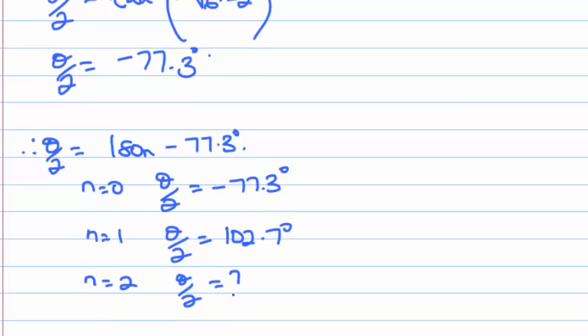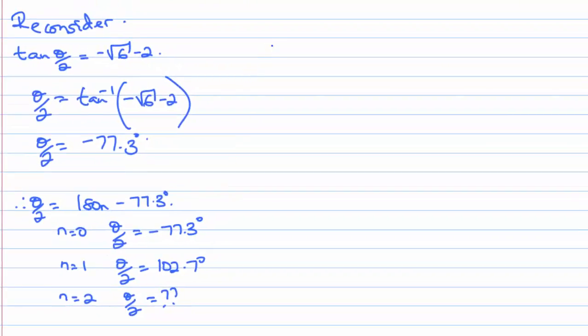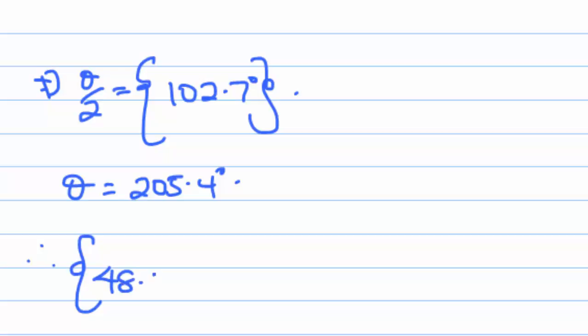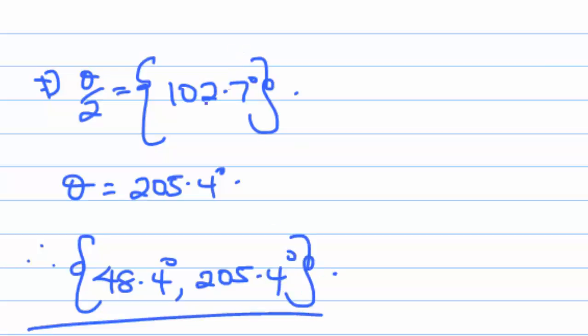And when n is equal to 2, it gives me a value outside my range, and therefore I'll obtain only one angle, because even the first is outside the range, which is 102.7 degrees. However, that is for theta over 2, and for theta it will be equal to 205.4. Write them beginning with the smallest to give you the final answer. Thank you.